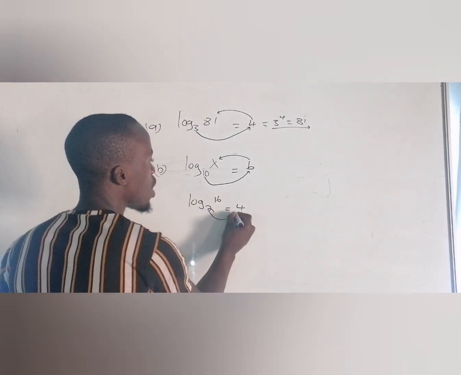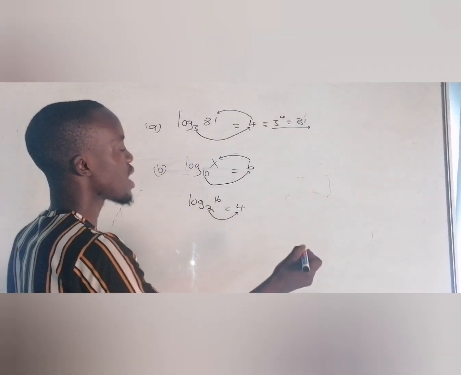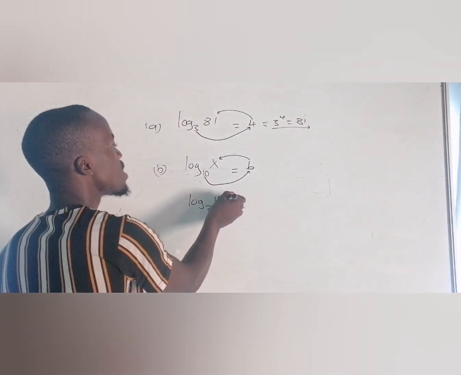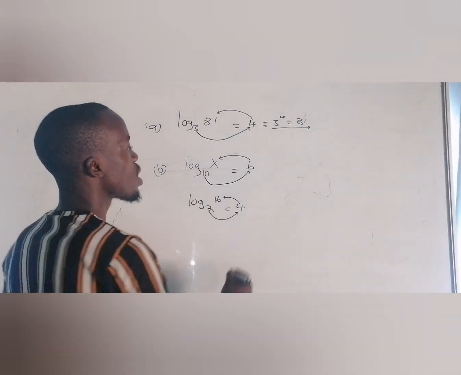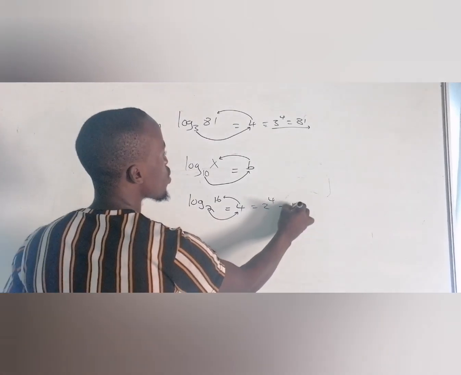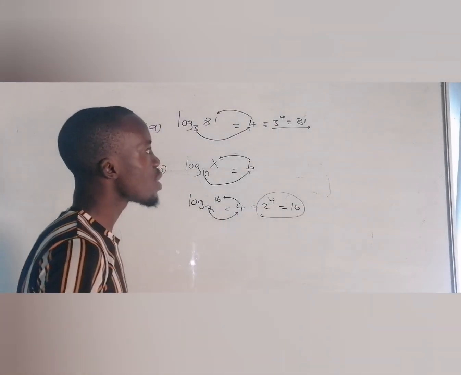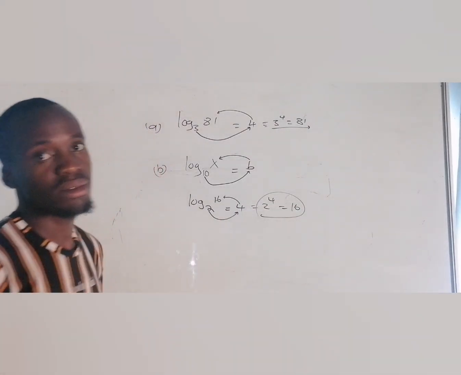The base to the power the number that is on the right of the equal sign equals the exponent that is attached to the log, meaning that 2 to the power 4 equals 16. So this is how you are doing this, guys.